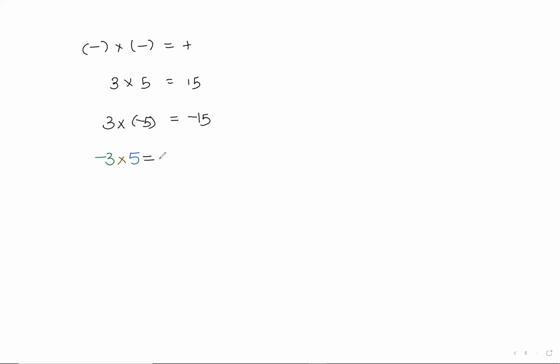Negative 15. Yes, negative 15 again. How about negative 3 multiplied by negative 5? Now what happens? Positive 15. Yes, positive 15.